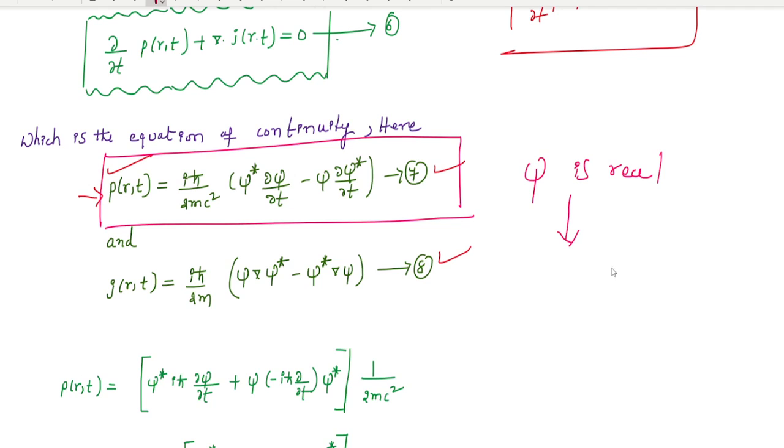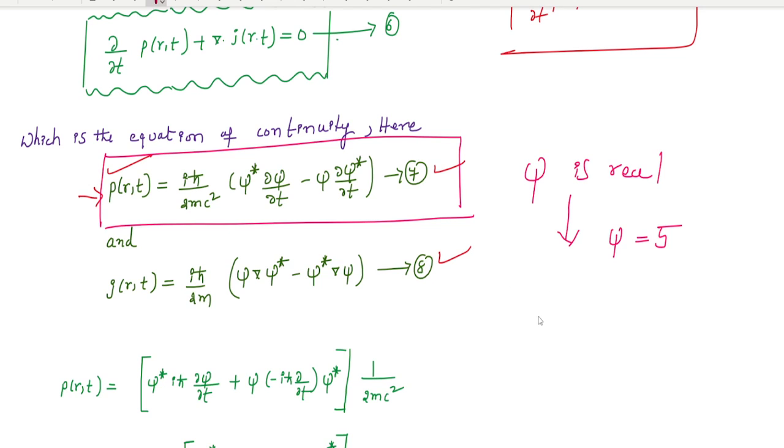For example, if I take the wave function psi to be a real number 5, what will happen to this term? If you place the real number 5 in place of the wave function, then this term is going to vanish.